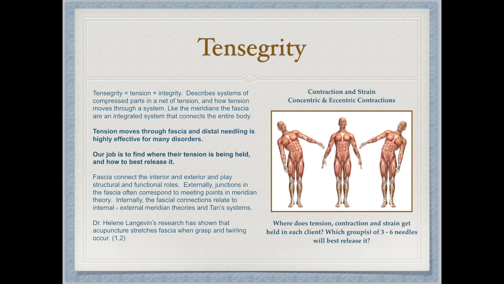So through the principles of tensegrity, we can come to understand why we can use points on the ankles to treat the neck, and why we can use points down in the legs to treat various areas in the upper part of the body and in the shoulders. So we'll be discussing some of these principles as we move on.